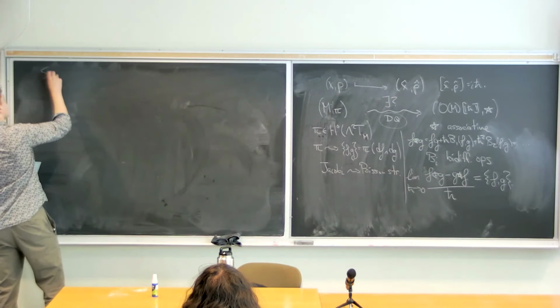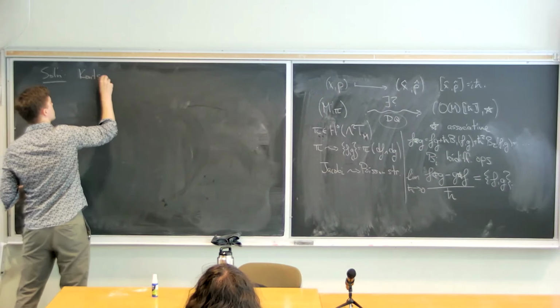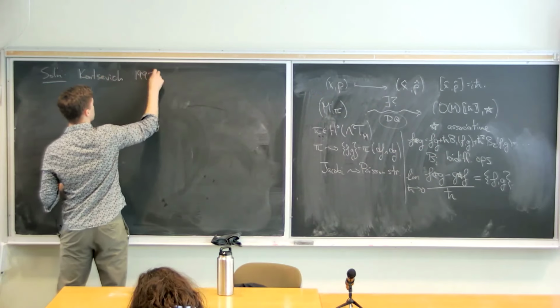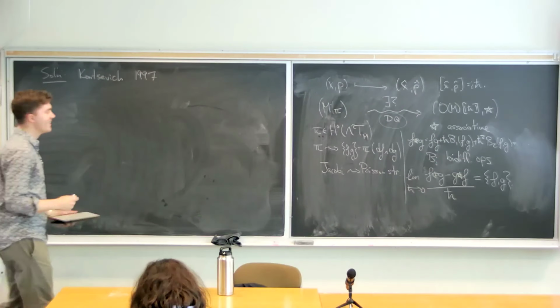So the solution to this was figured out by Kontsevich in 1997. The year I was born. I wonder if it occurred to him the moment I came into this world or not.